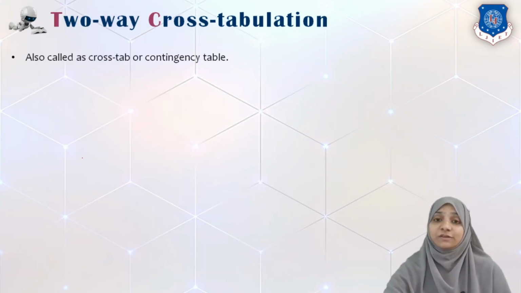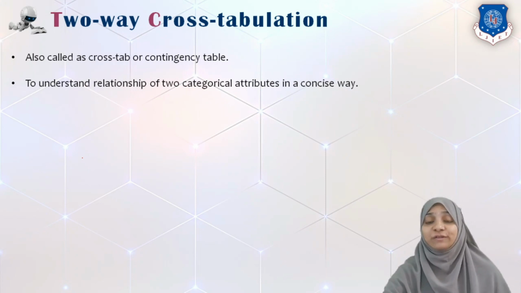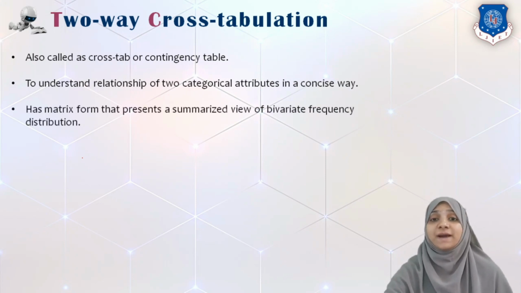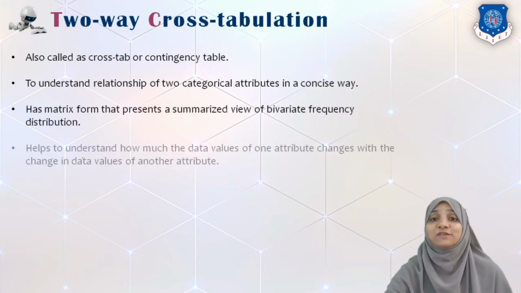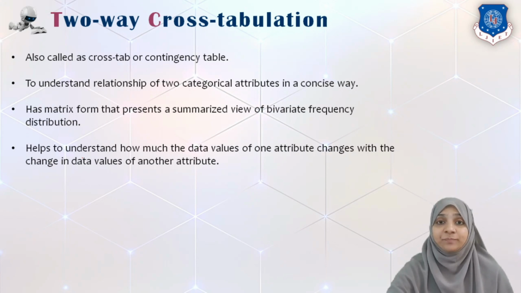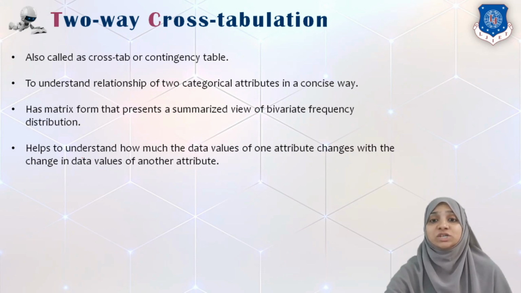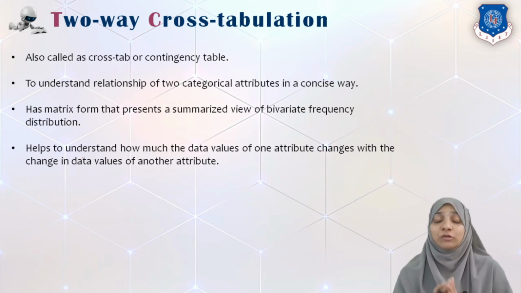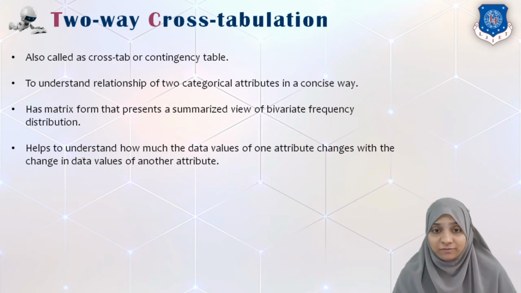Now, the scatter plot information can also be captured with the help of something called two-way cross tabulation. What is two-way cross tabulation? A two-way cross tabulation is a cross tab, also called a contingency table or contingency matrix.